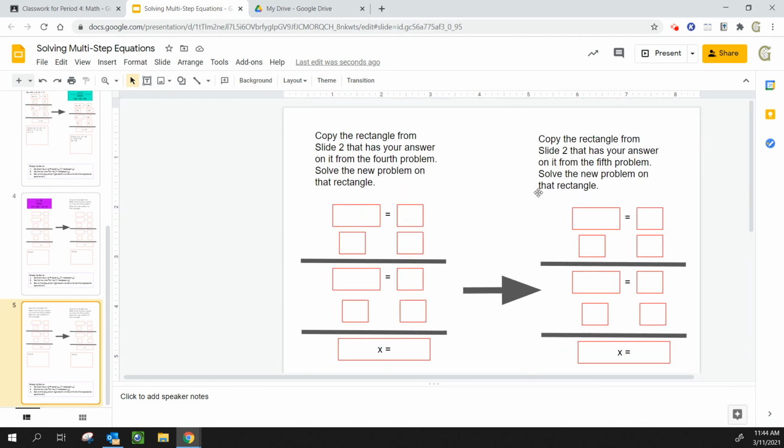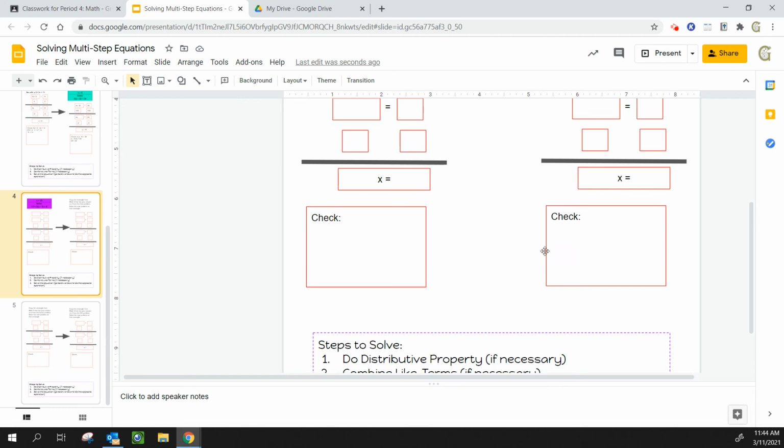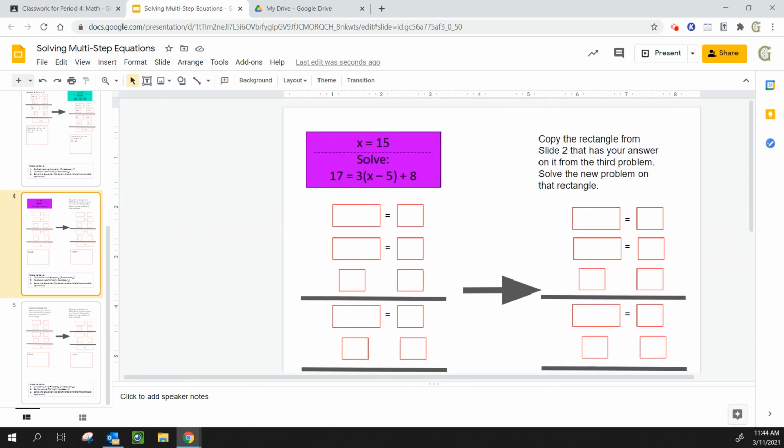And then hopefully that matches up with the last one you have left, so you can solve it and check it and be finished. So your task then is to finish these problems. And of course, if you have questions, add a comment in the private comments and we can try to work on it that way.